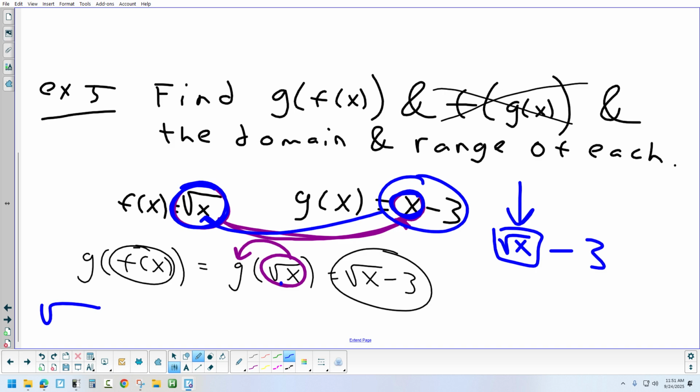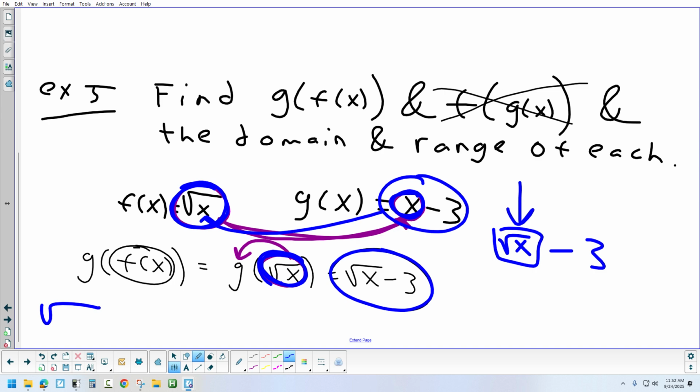Now, what about the inside function right here? What's the domain of that? Yep, x is greater than or equal to 0. So keep that in mind. And what's the domain of the final answer? Just looking at what's there. Yep. x is greater than or equal to 3?